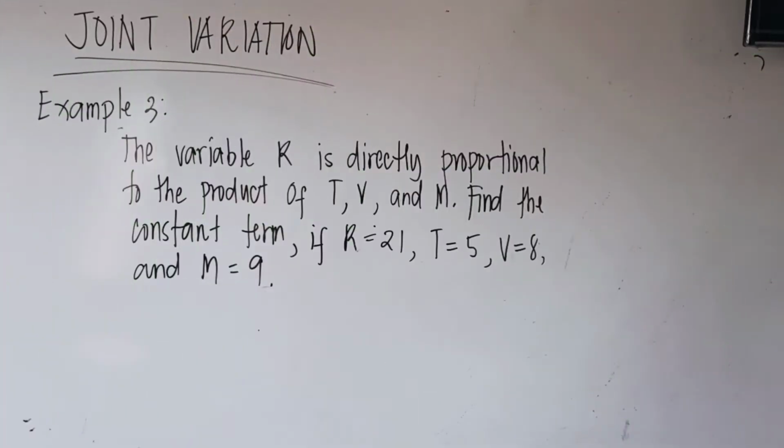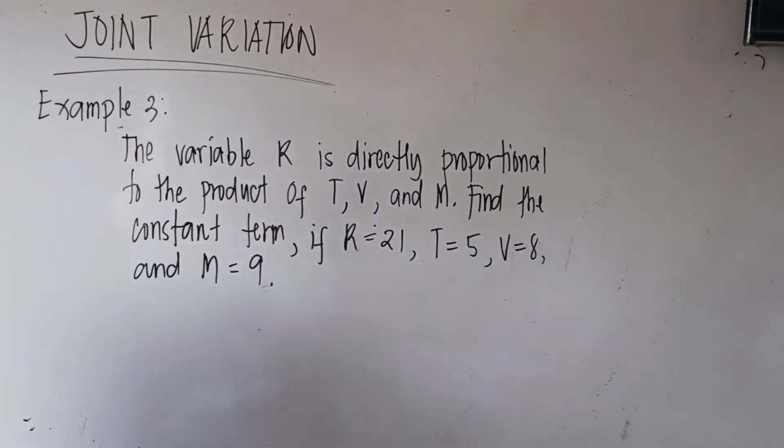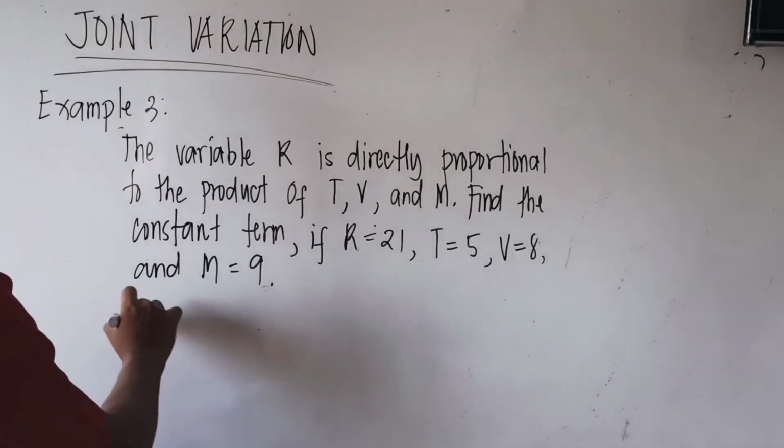So for example number 3, the variable r is directly proportional to the product of t, v, and m. Find the constant term if r is 21, t is 5, v is 8, and then m equals 9. So again, same process. Gagawa po muna tayo ng equation.